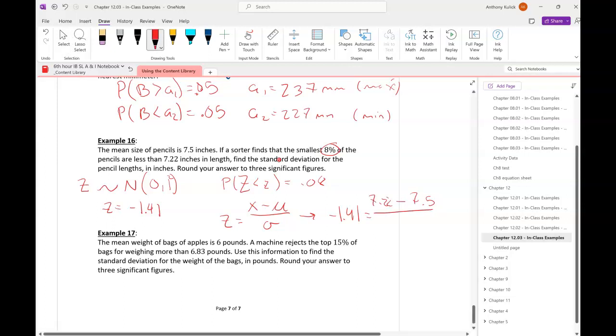Right. And then you do your Algebra 1 skills. You multiply by sigma on both sides, and then you do the 7.22 minus 7.5 over negative 1.41.